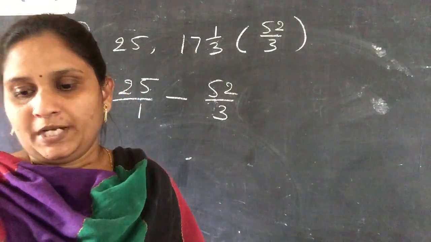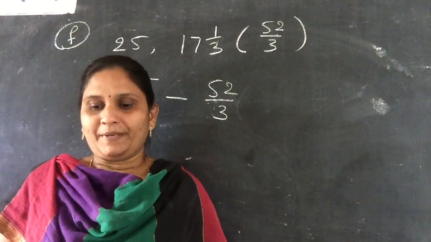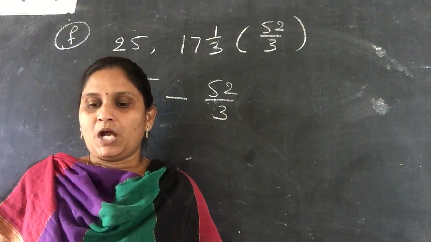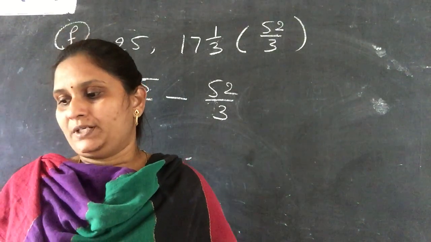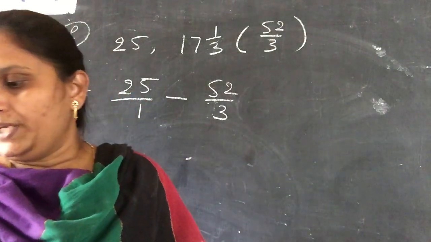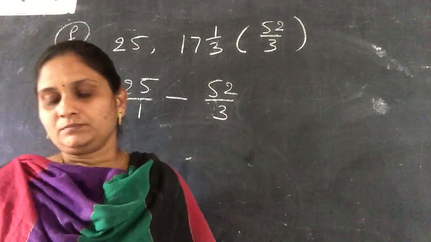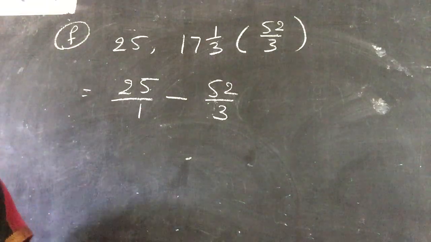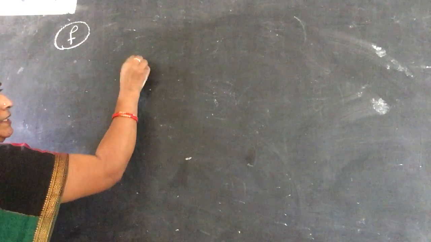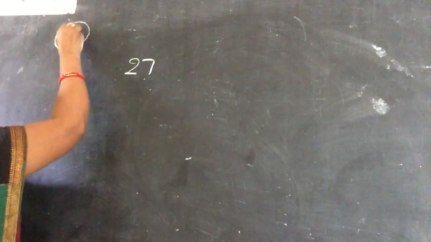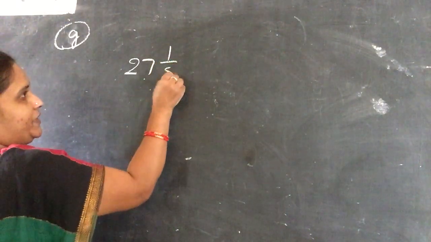Next, G. David covered 27 1/5 kilometers in 1 hour. How many kilometers will he cover in 3 1/2 hours? So here what you have to do means you have to multiply the hours. For example, in 1 hour he completed 27 1/5 kilometers.